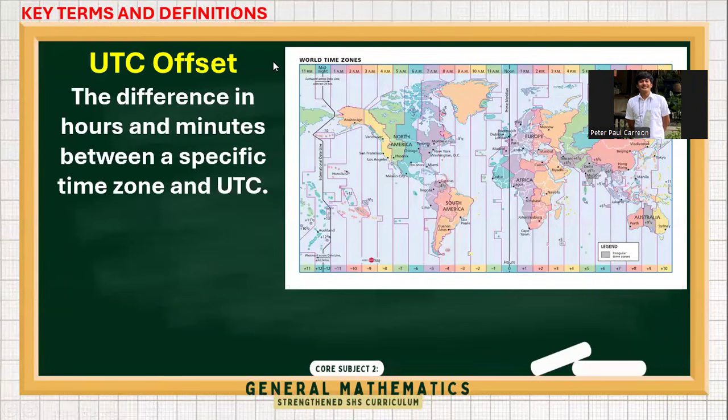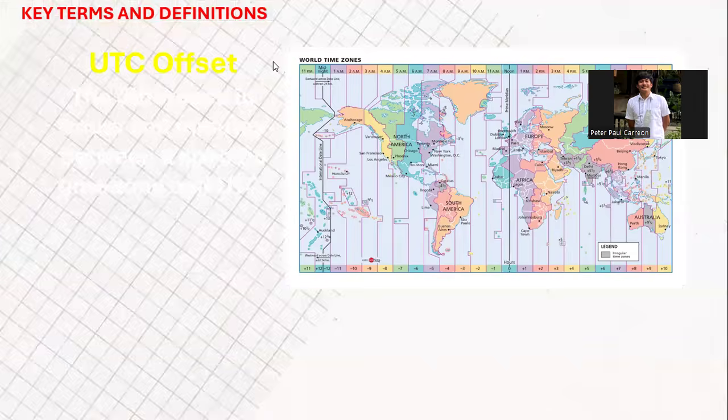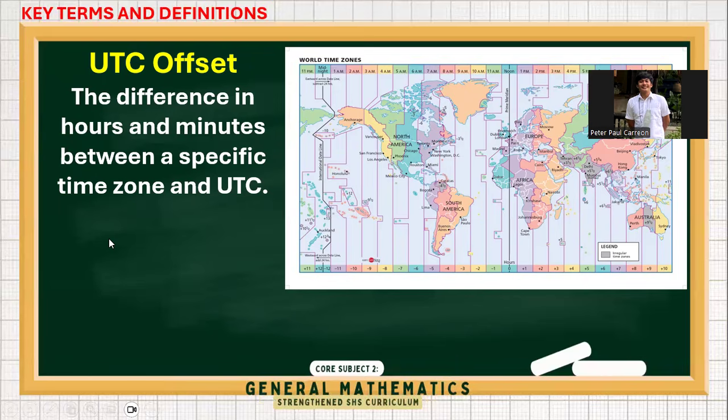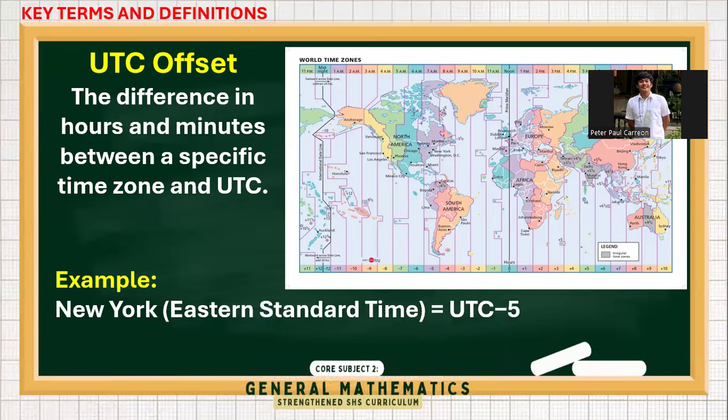The UTC offset is the difference in hours or minutes between a time zone and the UTC. Let's have this as an example. New York is also known as the Eastern Standard Time. So look at New York here in the USA. It follows UTC -5.